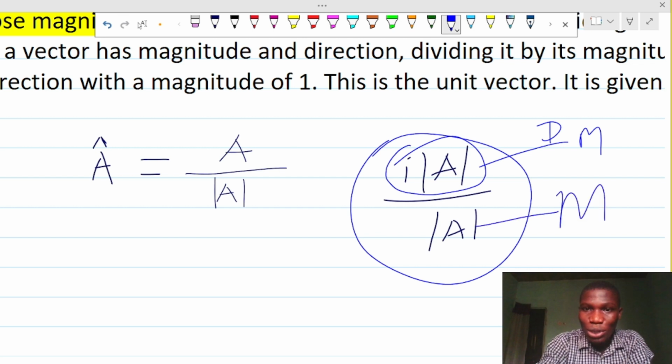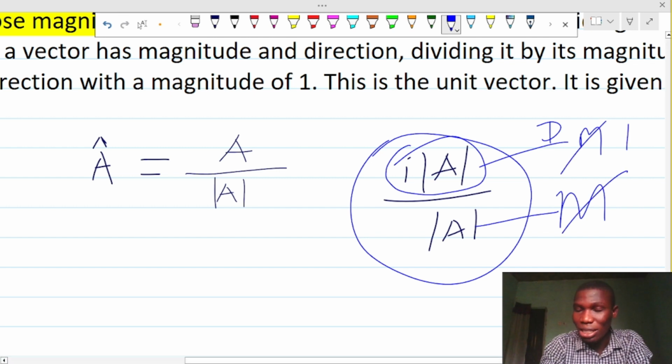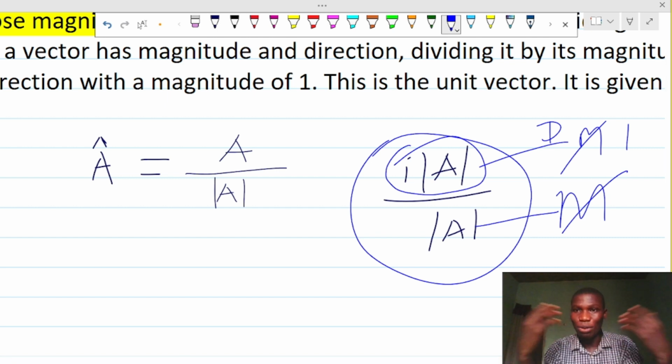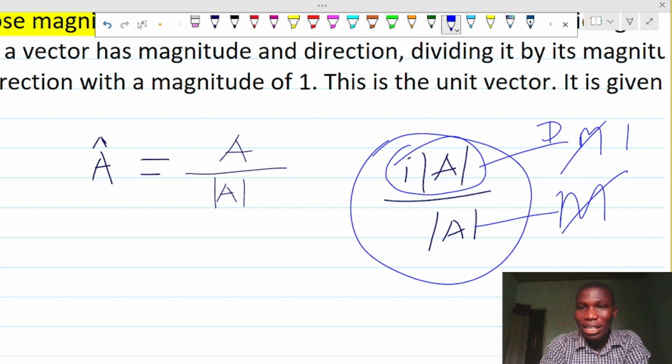So once you divide like this, the magnitude will cancel out the magnitude, and of course the value there will be 1, because the same thing divided by the same thing will give you 1 as the answer. So the magnitude will cancel out the magnitude, and what will be left is just the direction. Just the direction will be left.